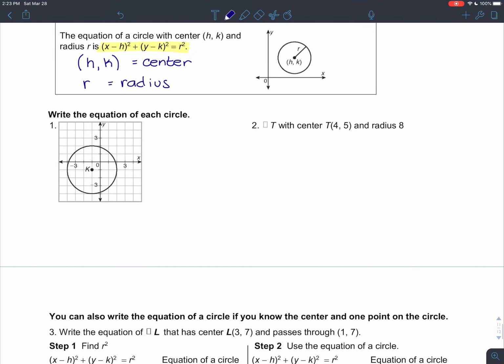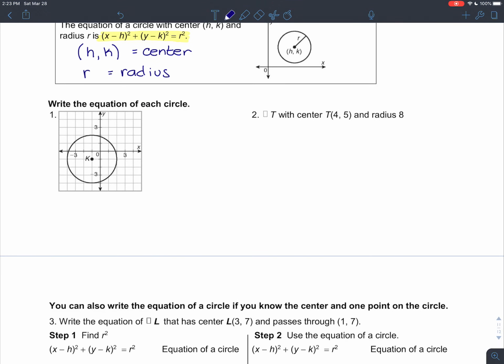Okay, so we are going to use that exact same setup, and we're just going to substitute in what the center is and what the radius is. So in this case, the center is at -1, -1, and the radius is 1, 2, 3 units long. So, substituting in, we have x minus h, and this one's k.